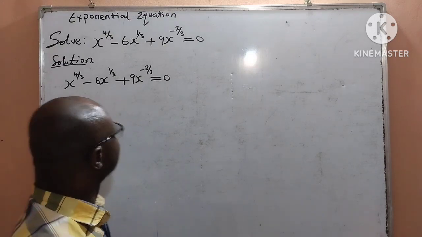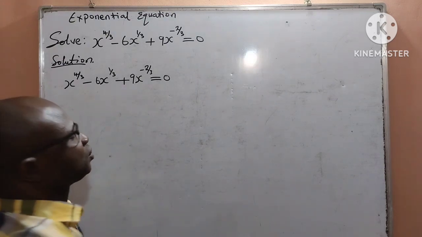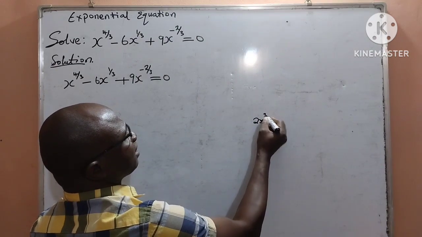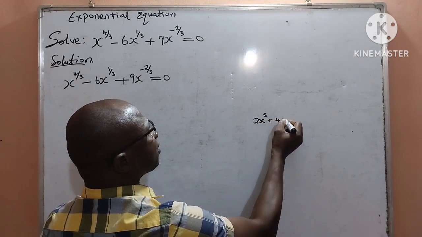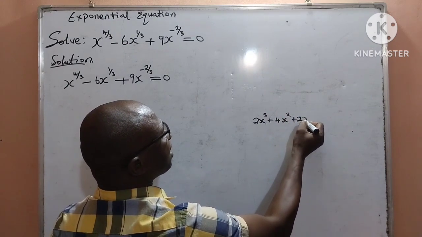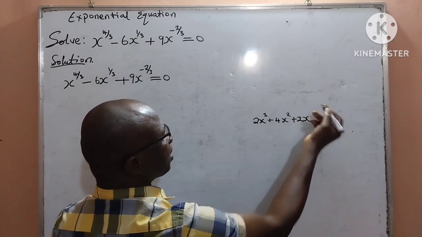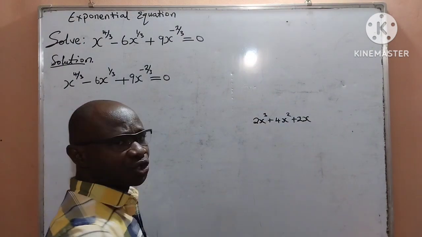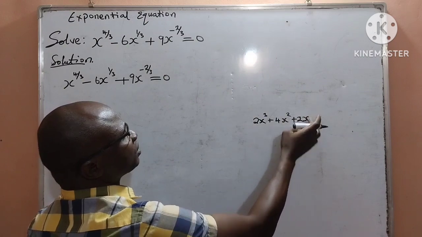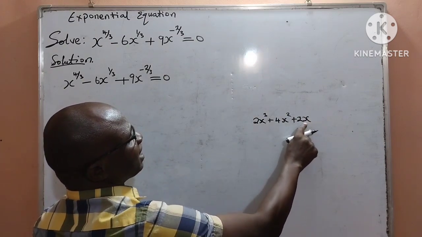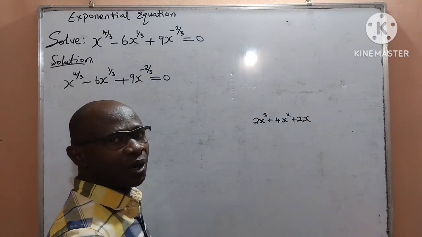The first thing I will do, I want you to know, if I give you 2x raised to power 3 plus 4x raised to power 2 plus 2x raised to power 1, what is common here is x. You go by the one with the lowest power, and that is x raised to power 1.